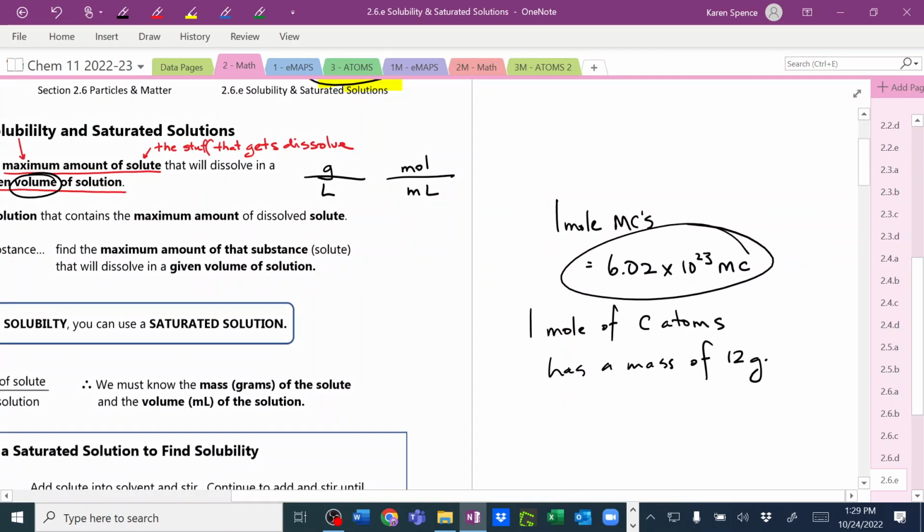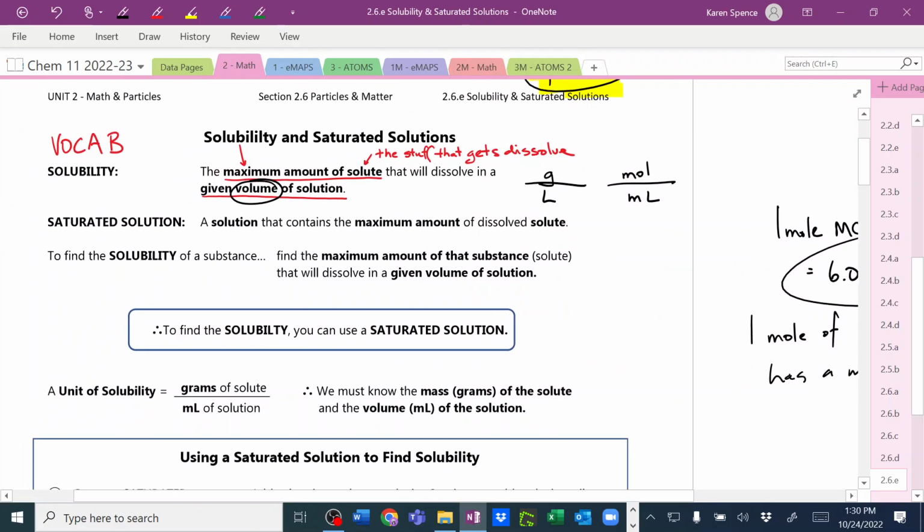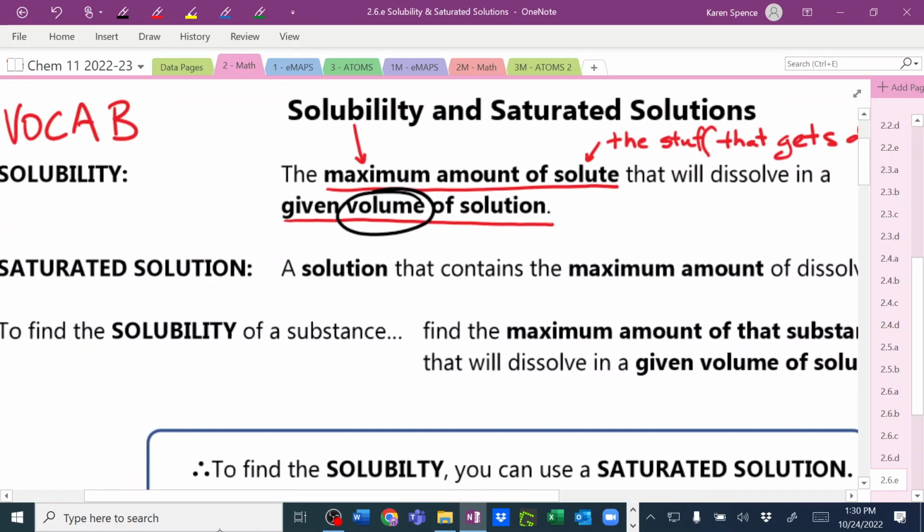Okay, so we were talking about solubility, the ability of something to dissolve. It can be measured in grams per liter or moles per liter. And remember, it is the maximum amount of solute. What does it mean to be the maximum? You cannot put any more in.